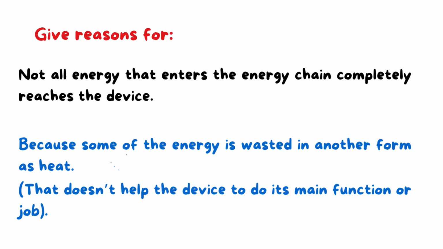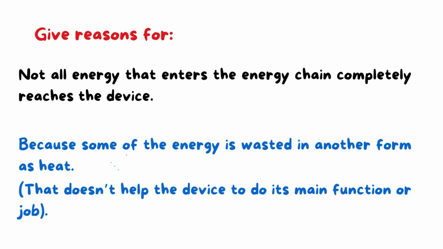because some of the energy is wasted in another form as heat, or you can stop here, because some of the energy is wasted in another form that doesn't help the device to do its main function or job.